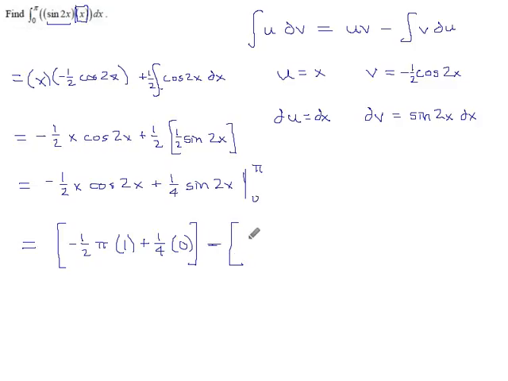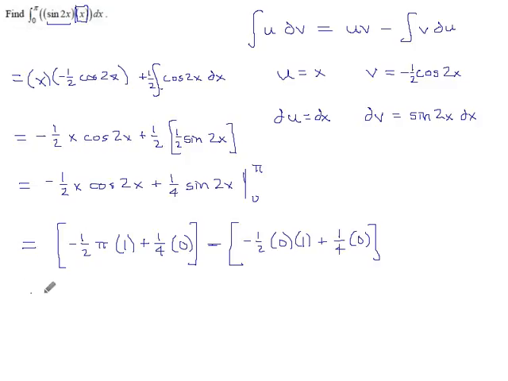Now if we put 0 in here, we get minus 1/2 of 0 times, well, cosine 0, but that doesn't really matter, plus, because there's a 0 in this term already, we know the whole term's going to vanish. And then we get 1/4 of the sine of 2 times 0, which is the sine of 0, which is 0 again.